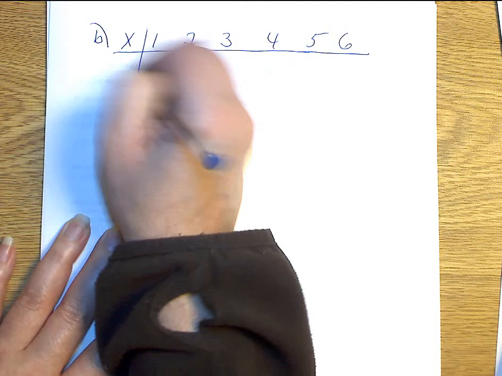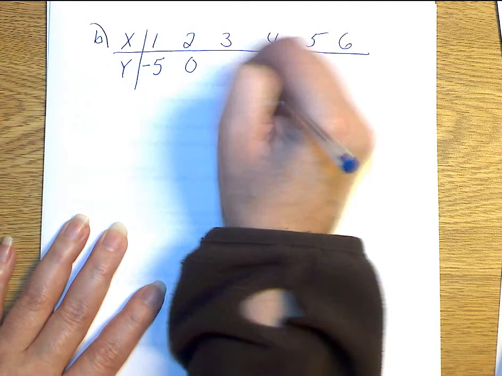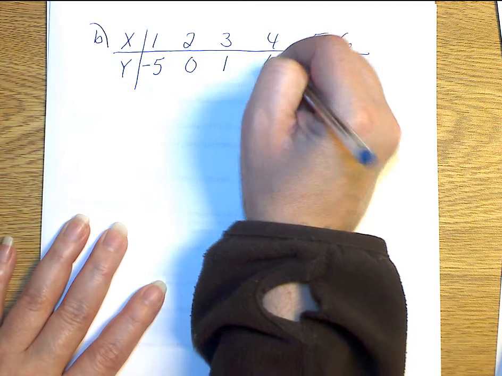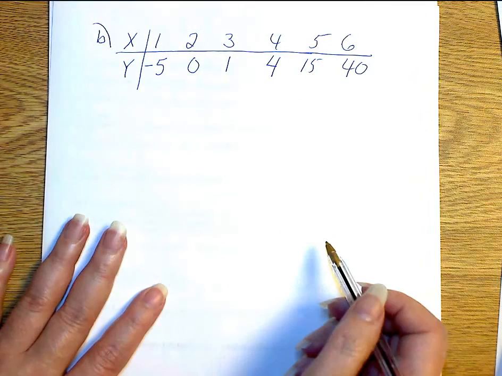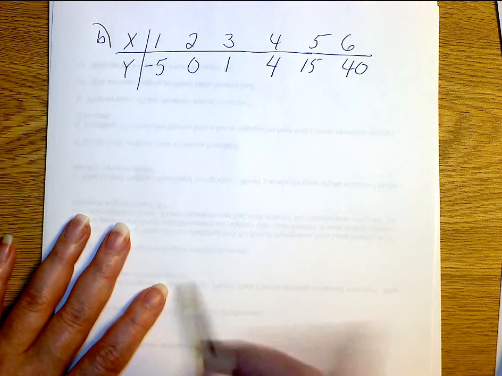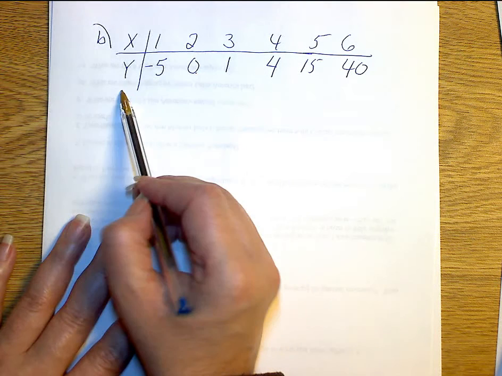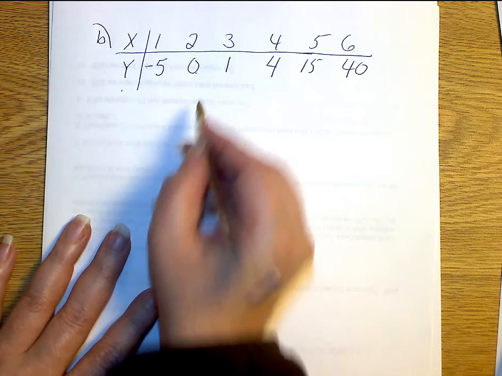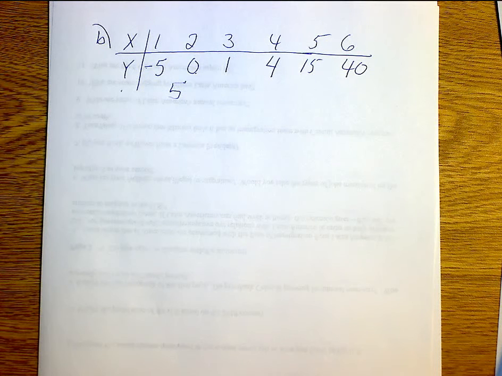My y values are -5, 0, 1, 4, 15, 40. The only thing I'm going to help you with is the first number, because this is as tricky as it ever gets. 0 minus a -5, so that gives you 5. I just want to make sure that you look at your negative signs. So when you go through and subtract, see if you can figure out what degree it is.